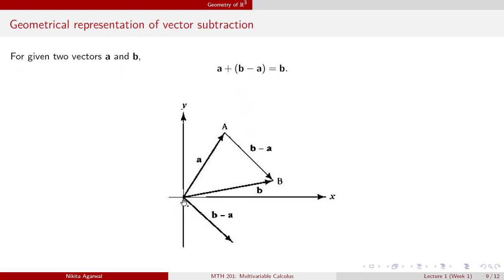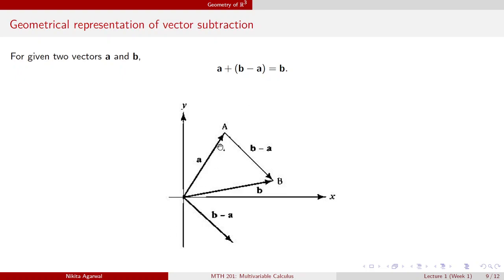So if you use the parallelogram geometric representation, b should be the diagonal of a certain parallelogram whose adjacent sides are a and b minus a.